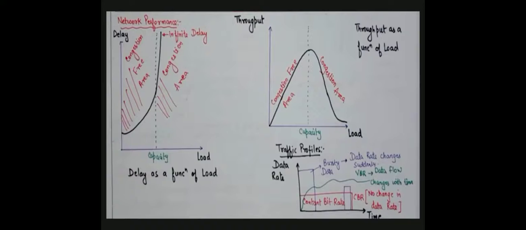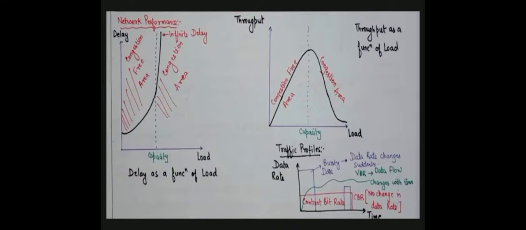The next one is variable bit rate. Variable bit rate means the data flow is changing with respect to time. See this graph, it represents variable bit rate. When the time changes, the data bit rate also changes. The next one is burst data.